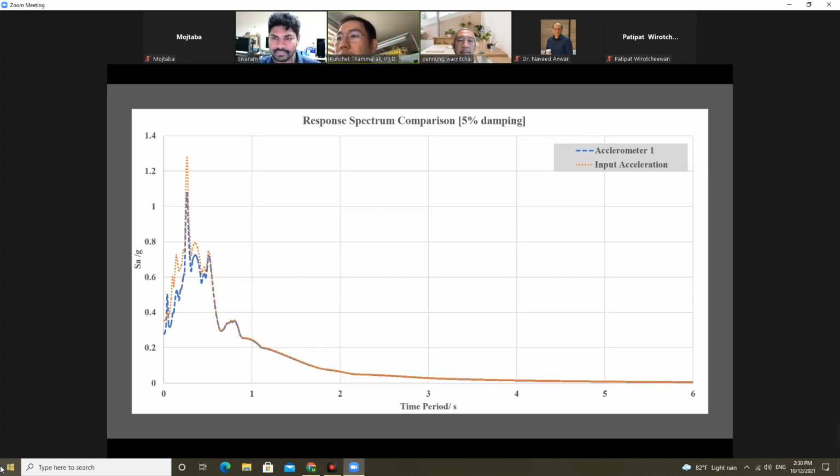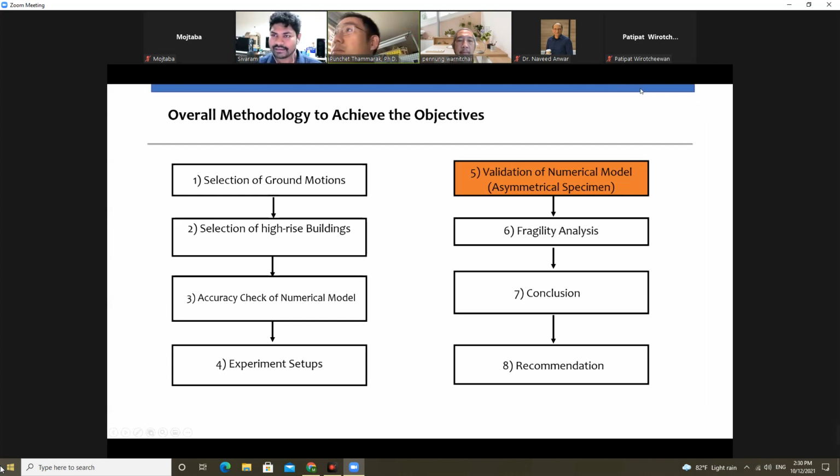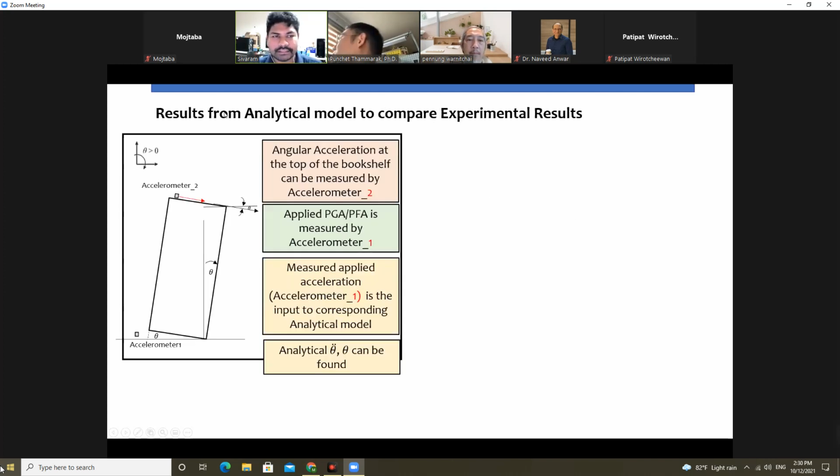Okay, continue, please. Next, we'll focus on validation of the numerical model. For the validation, we have to compare our analytical model with our experimental results. As Professor explained, we use two accelerometers for comparison. One is attached at the shake table, one is at the top of the bookshelf.